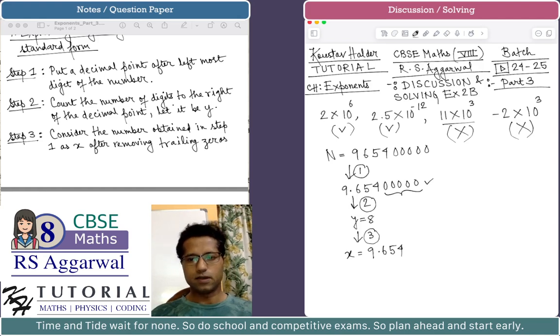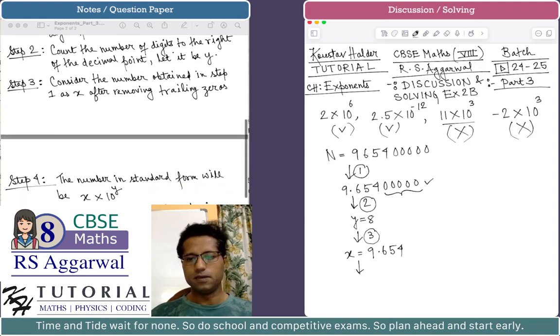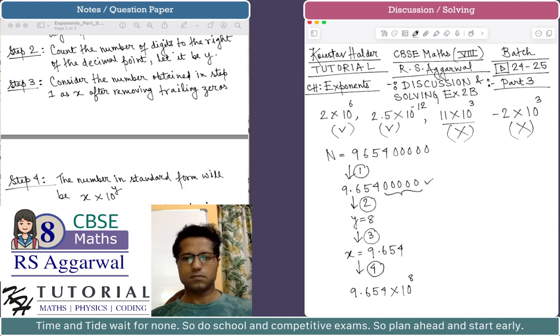So I got x and I got y, and the last step, step 4, says the number in standard form will be x into 10 to the power y, that is 9.654 multiplied by 10 to the power 8. So this is the final standard form of the given number, 9654 and 5 zeros.